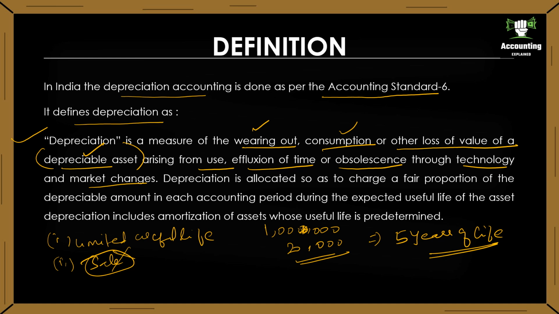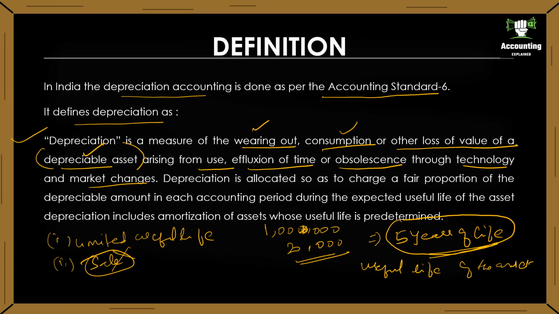Now the question arises, what is the useful life of the asset? Useful life of the asset means a period over which a depreciable asset is expected to be used by the enterprise. Here we assumed that the machinery life was 5 years, so we will depreciate till the end of 5 years.